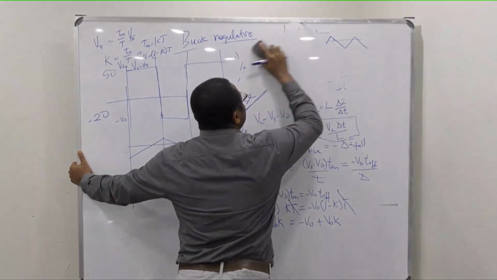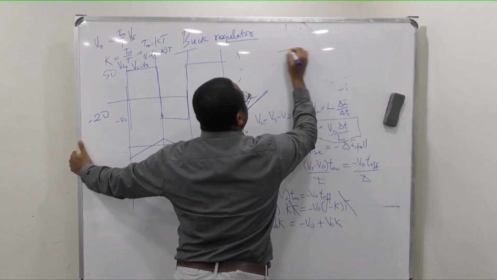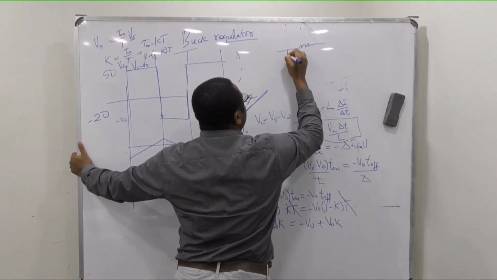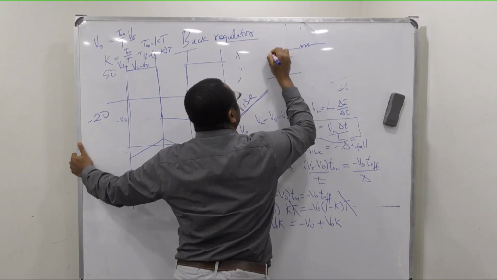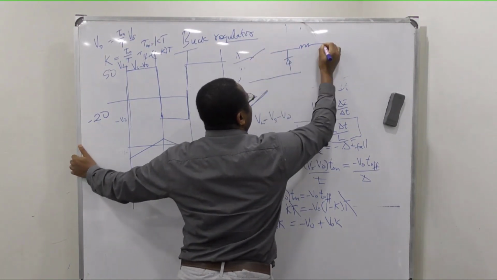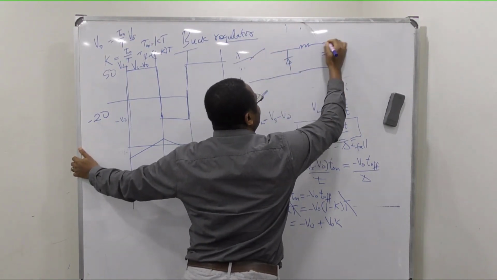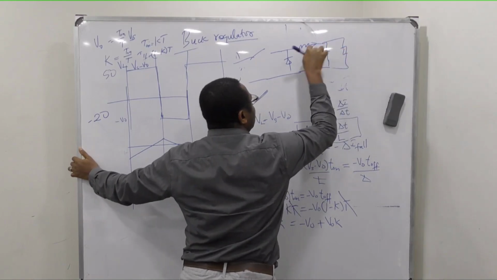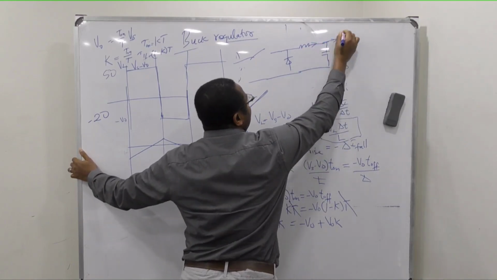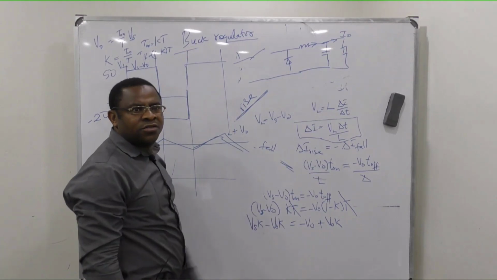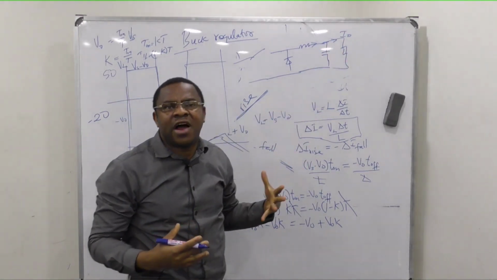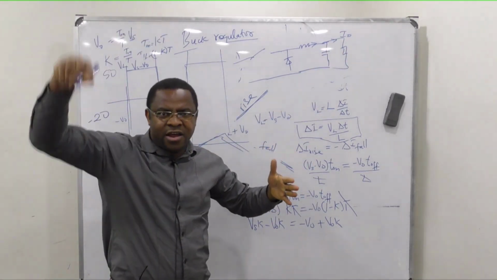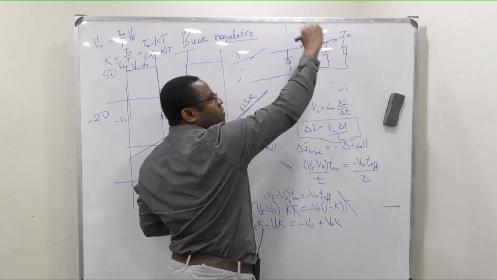with our sketch that we had, remember that current flowing through here, this is a diode there, and this is our capacitor, our load. So current flowing through here is the same as the output current, Io. So how much you get there is the average value of that current that is going up, down.